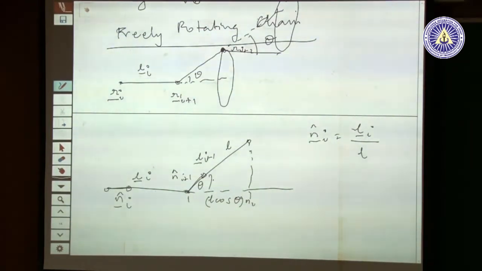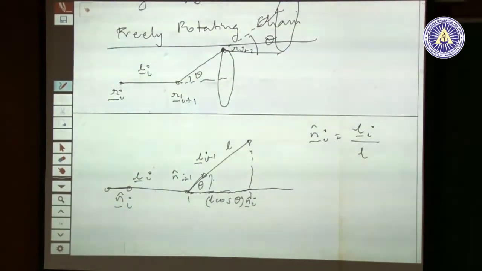So it will be multiplied by the unit vector n hat i, that is this projected size.